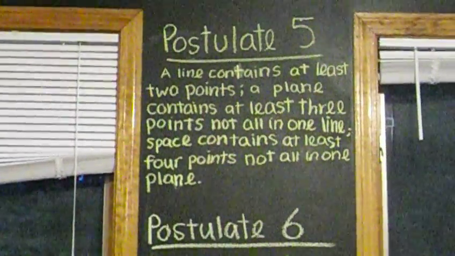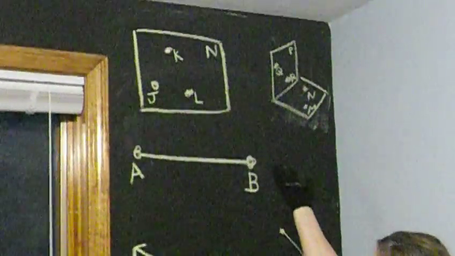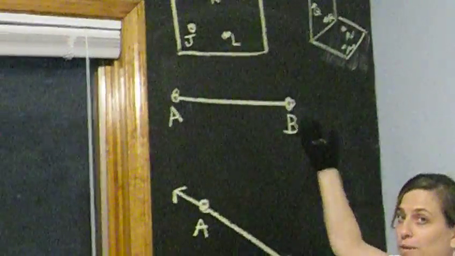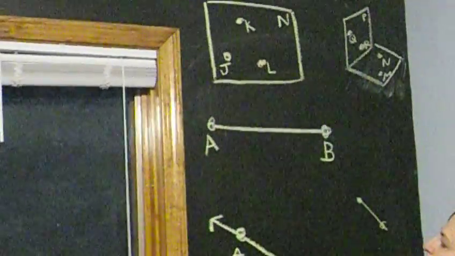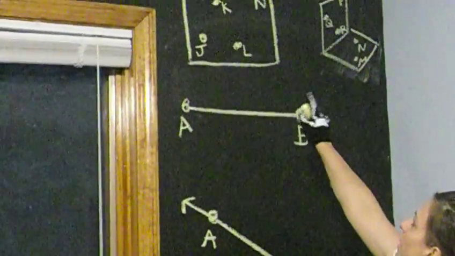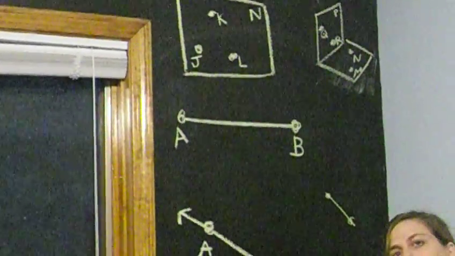Right? A plane contains at least 3 points, not all in one line. So these beautiful drawings drawn by Nico himself. Here's a plane, and it contains at least 3 points, not all in one line. Okay, so there are 3 points on that plane, as you can see. So a plane, as we know, goes on.